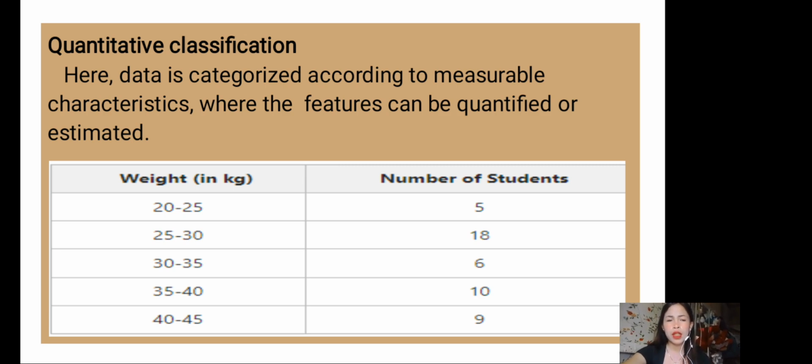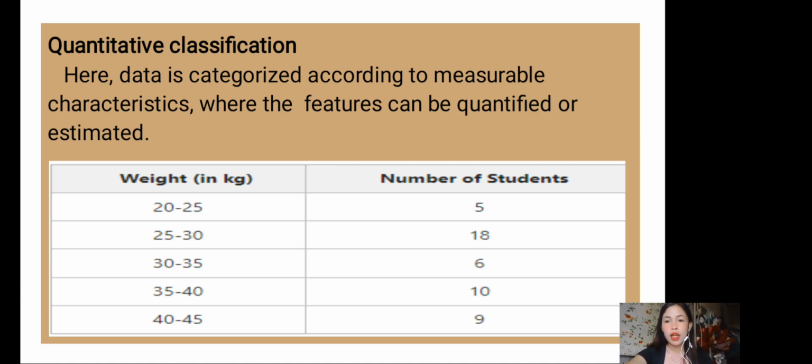For example here, in a classroom, the number of students who have a weight of 20 to 25 kilograms is only 5 students, and 25 to 30 kilograms is 18 students, and 30 to 35 kilograms is 6 students, and 35 to 40 kilograms is 10 students, and 40 to 45 kilograms is 9 students.